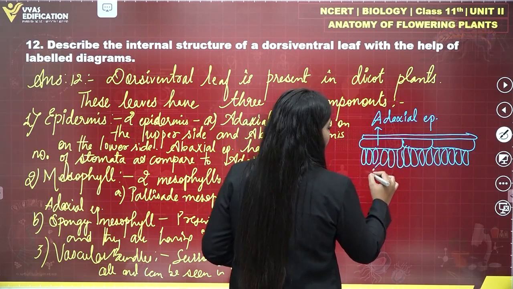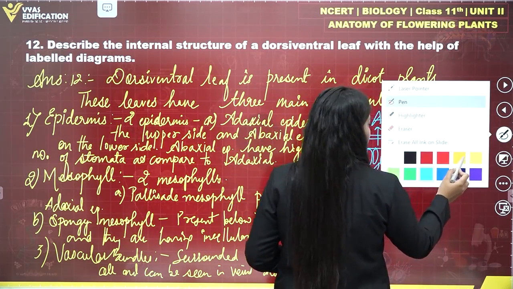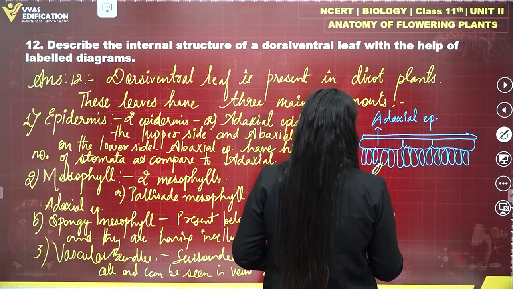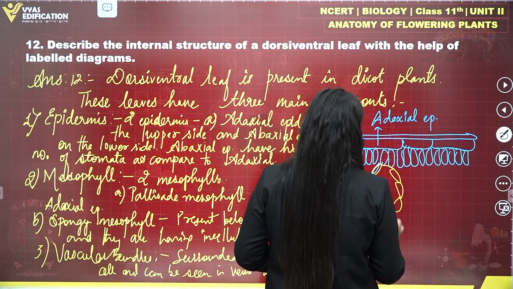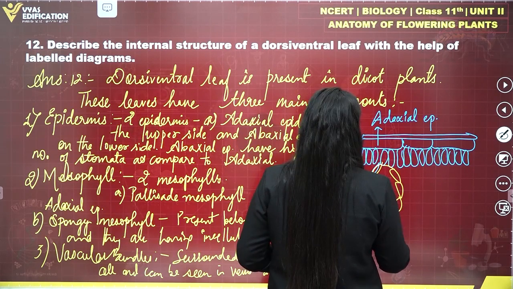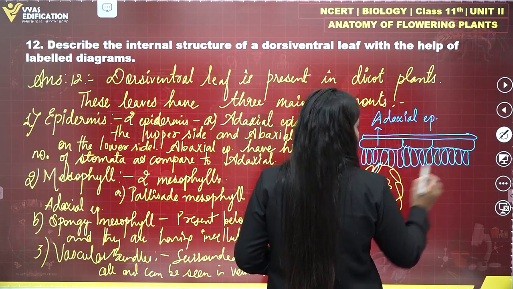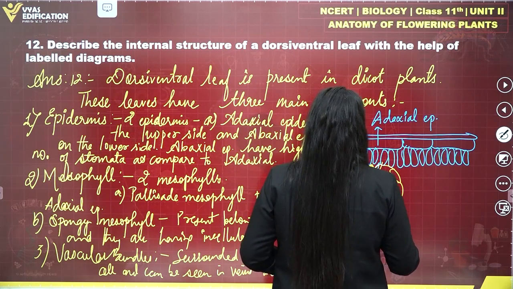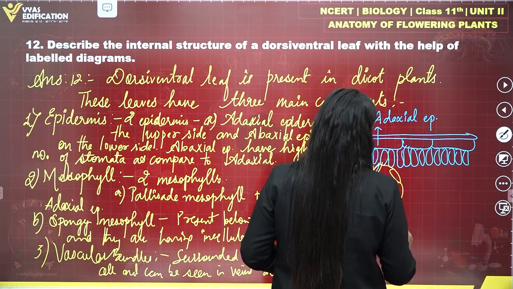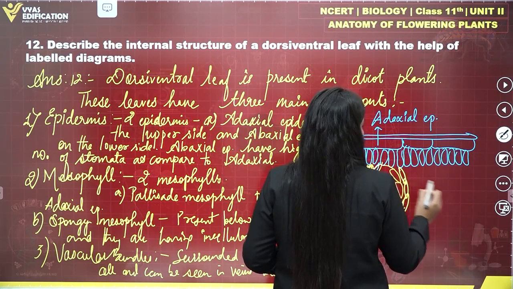Here we have vascular bundles, and vascular bundles are surrounded by bundle sheath cells.